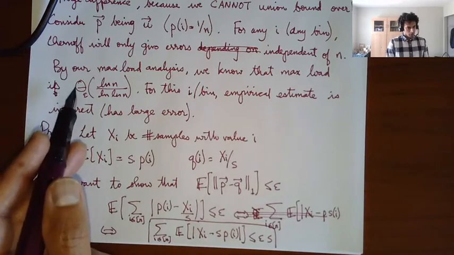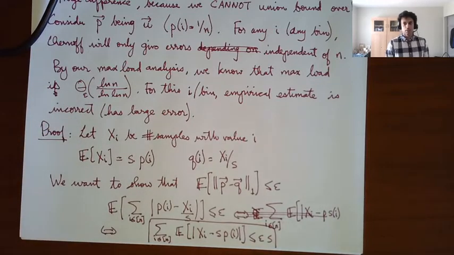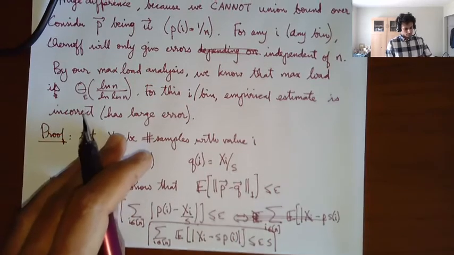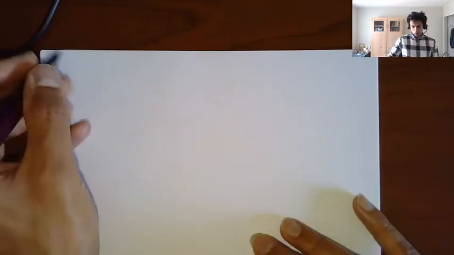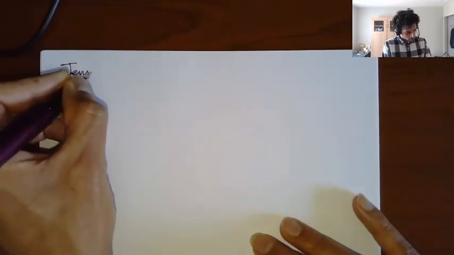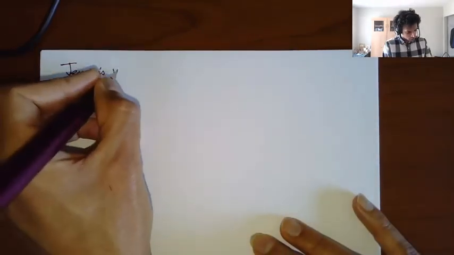The max load analysis says that this is not going to work. You cannot simply try to find the largest deviation and just bound by n times the largest deviation, so you have to be somewhat more careful. So what we're going to use is Jensen's inequality.